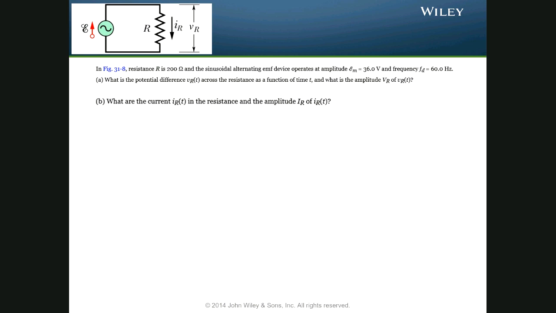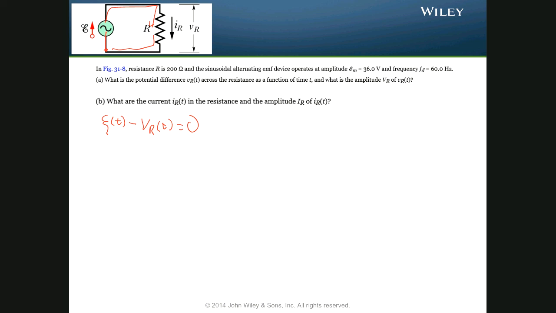We get to our EMF, that'll be a function of t here. And then we get to our resistor, so that'll be minus the voltage across the resistor. We don't know what it is. And then we get back to our original point, so that's going to be equal to 0.